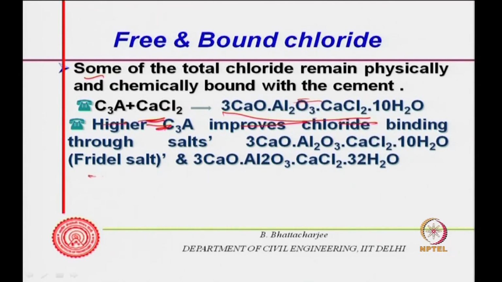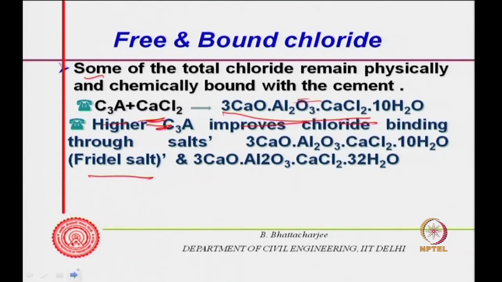These are called Friedel salt, right. Some could be physically adsorbed and they are also immobile, not water soluble. So, chemically bound chloride is not water soluble and would not contribute to depassivation, but it can later become soluble, and there could be a problem.